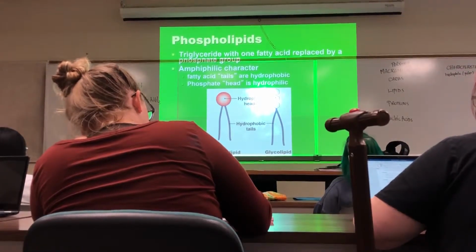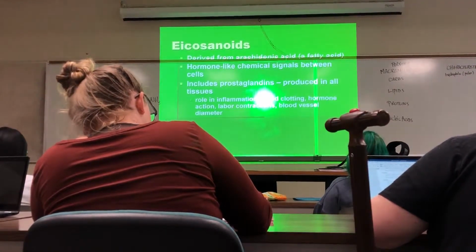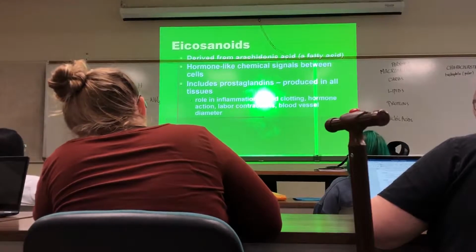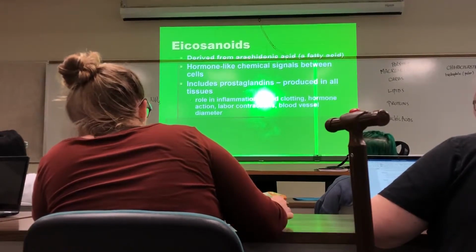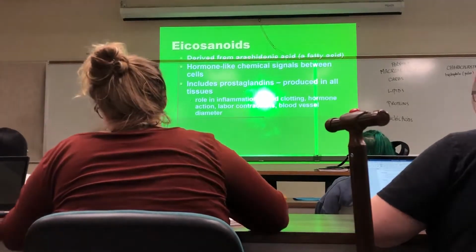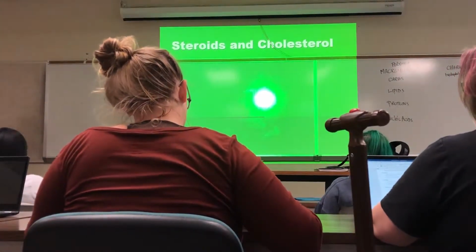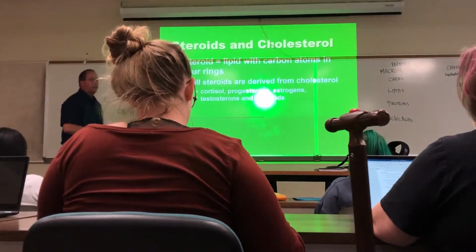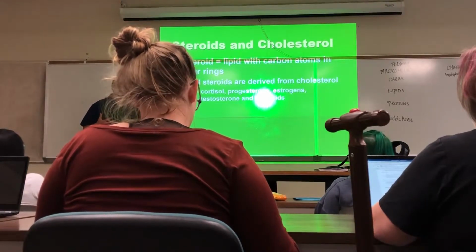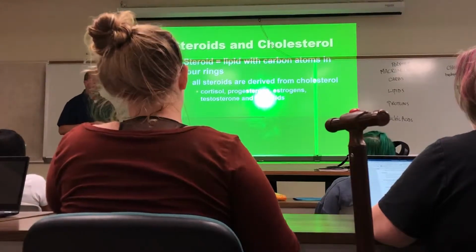Good, we'll hit this again hard, so don't worry about it. Don't write anything down here. In fact, if you have your outline, you can just put an X through this part. Eicosanoids and steroids and hormones, these are things that we're going to focus more on next semester.